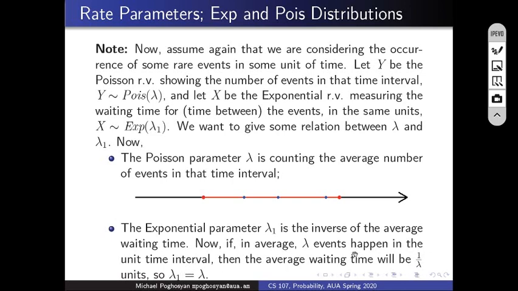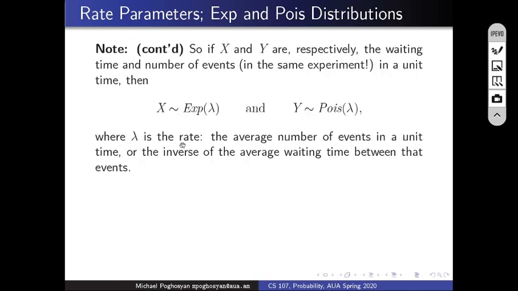Because the average waiting time is 1 over lambda, and lambda was defined as the inverse of the average waiting time, we will have that lambda is the inverse of this, so the exponential parameter is lambda exactly. So what is the important thing?